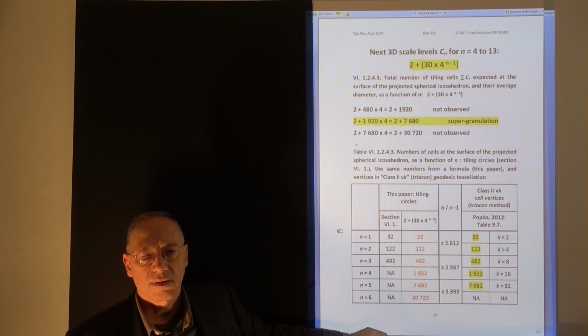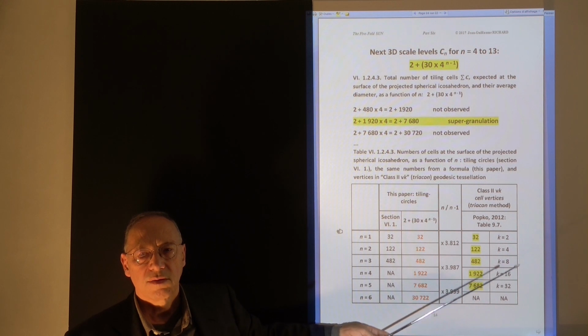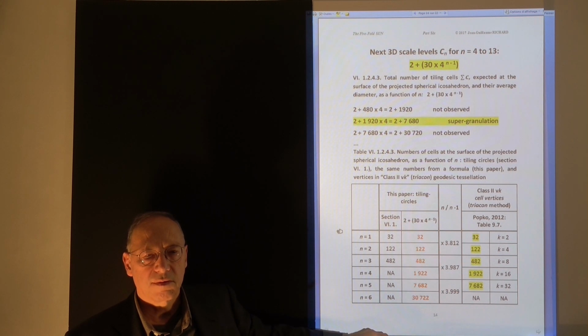Maybe some of you who are seeing this presentation will think now that this approach is strange and very complicated and not very convincing. But if you look at this table, you will see that our numbers of tiling circles correspond exactly to those of one of the best known tessellation procedures for a geodesic sphere.